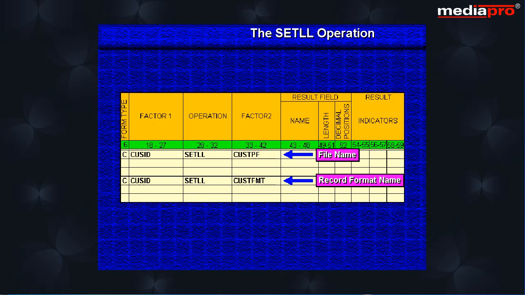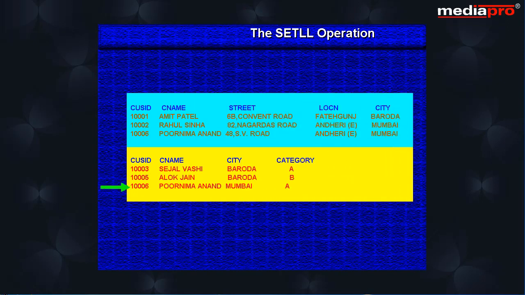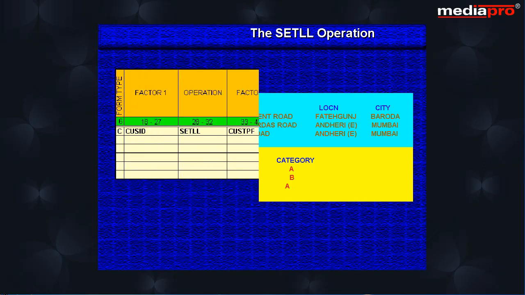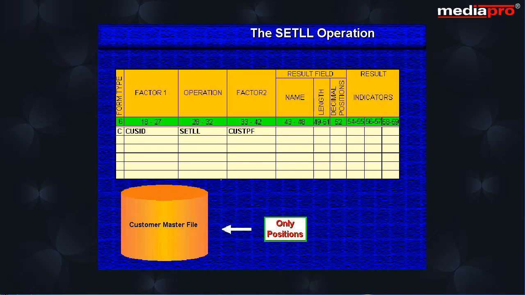When we specify a record format name, the file pointer is positioned at the first record of that format which has a key value equal to or greater than the value specified in factor 1. A logical file could have multiple record formats. Remember, the SETLL operation only positions the file cursor. It does not retrieve a record.